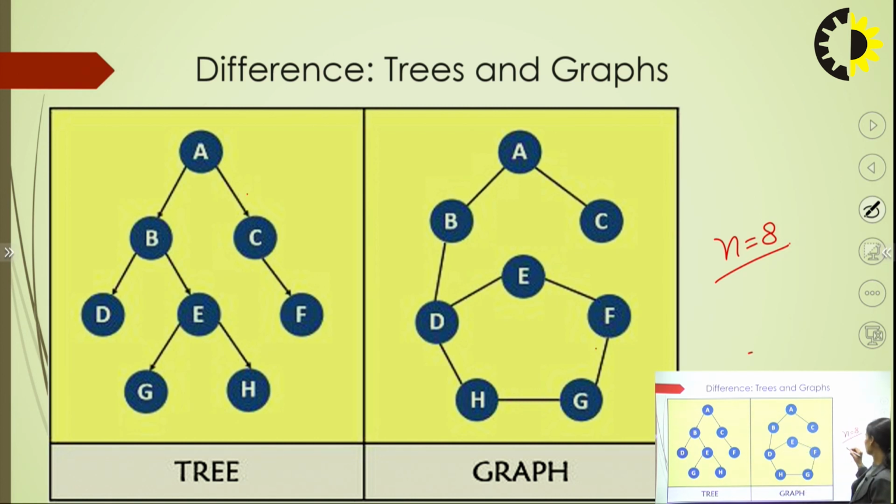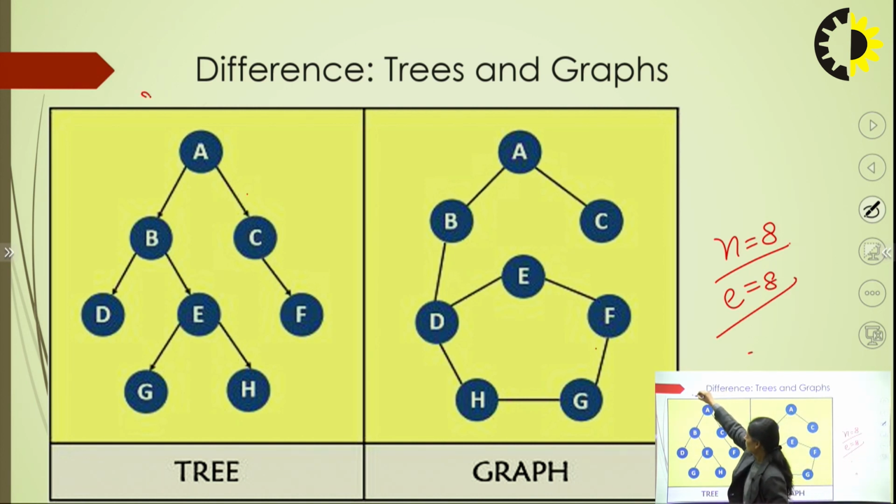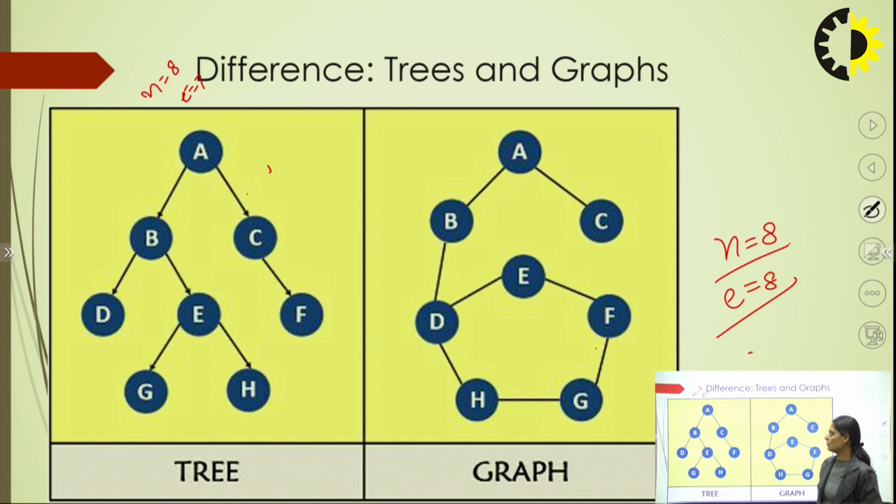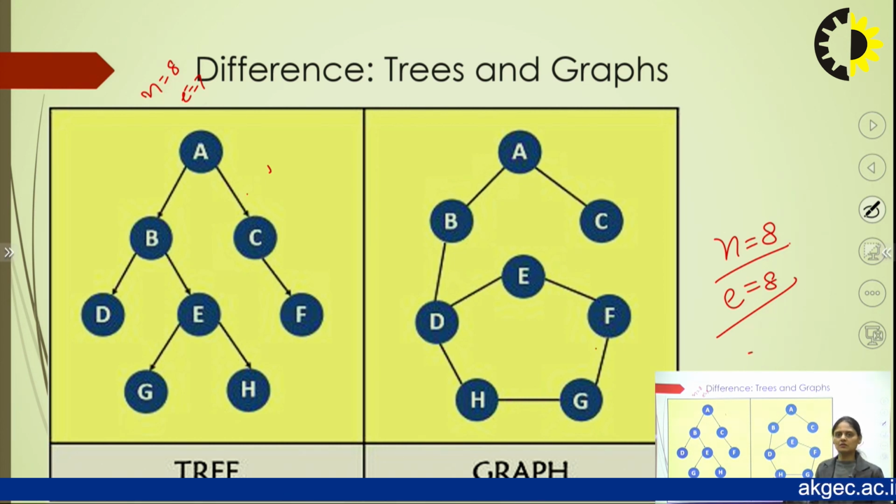So E is equal to 8 over here. But in the tree, n is equal to 8 and E is equal to 7. So we say that if the number of edges is n minus 1 and the graph is connected, then we can say that it is a tree.